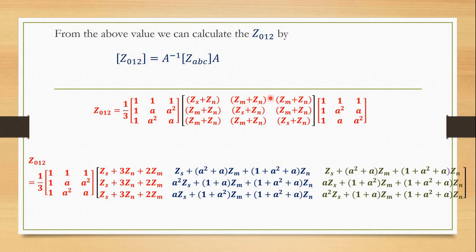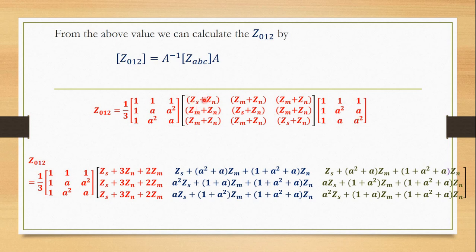So Zm of (A square plus A). And then Zs plus Zn into 1 plus Zm plus Zn into A plus Zm plus Zn into A square.